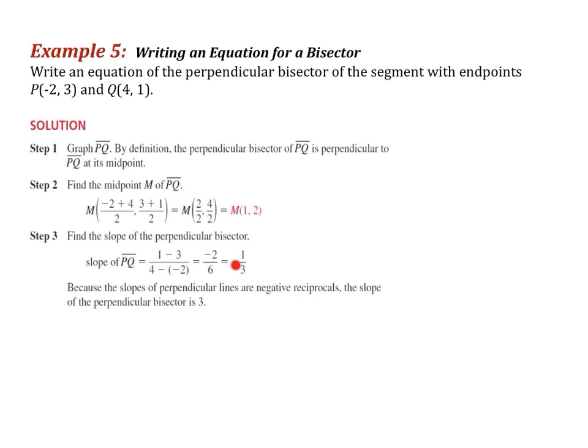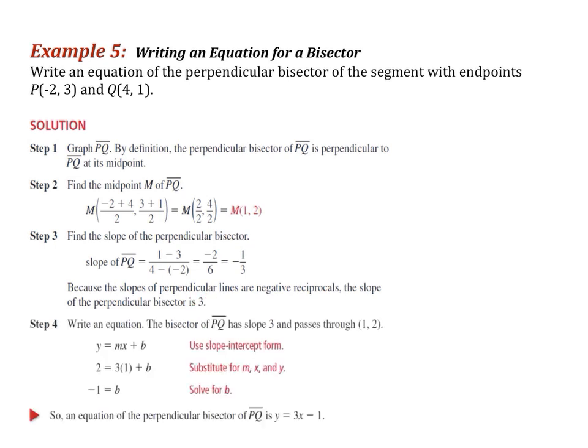Notice that the slope of line PQ is negative, so the perpendicular line must be opposite, in this case positive. And reciprocal means to take your fraction and flip it. So if this one's 1/3, then this one will be the flip of that, which would be 3/1, but you don't need to write the over 1, you just write 3.